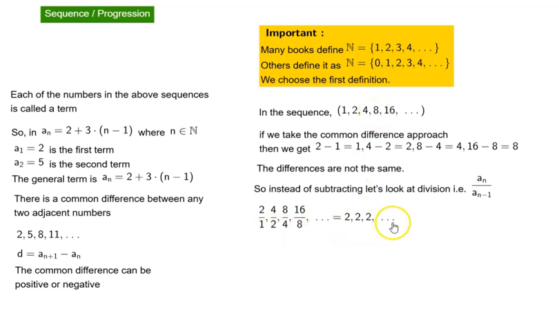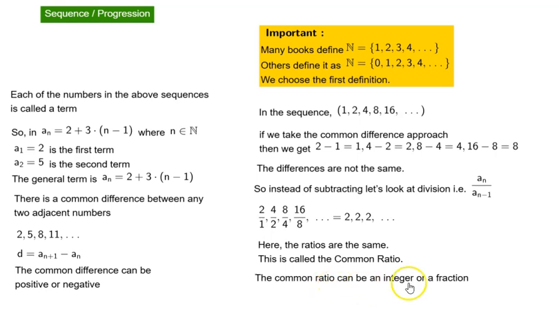They all give the same common ratio of 2. So here the ratios are the same, and this is called the common ratio. So we have common difference in some sequences, and in some sequences we have common ratios. The common ratio can be an integer or a fraction.